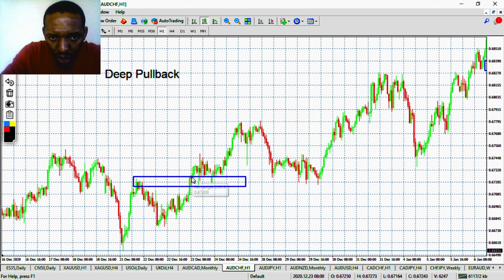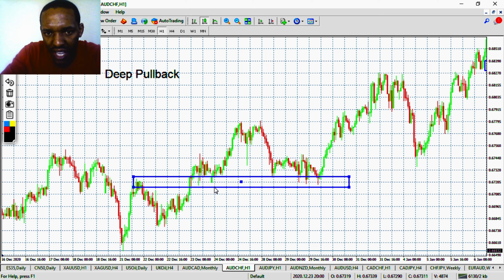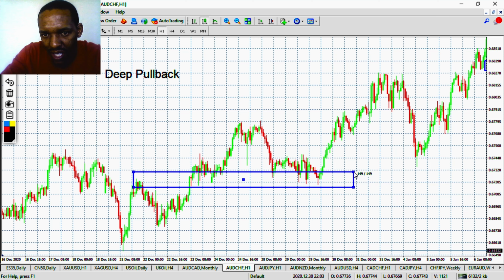So this is what you call impulse, impulse correction, impulse pullback. This is a medium pullback. And then the price went back up and it came back to the previous low right here. This is where you would look to enter the markets.